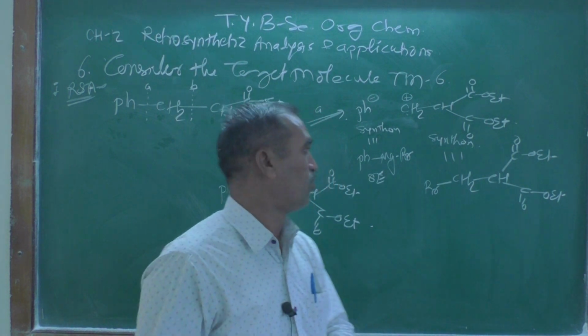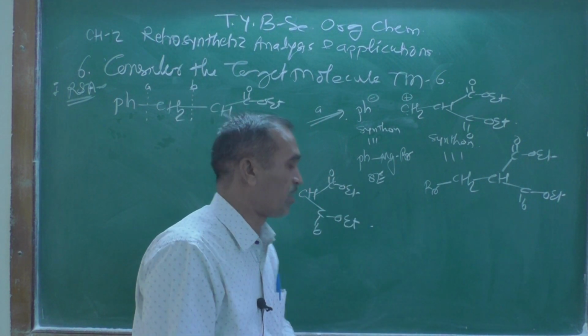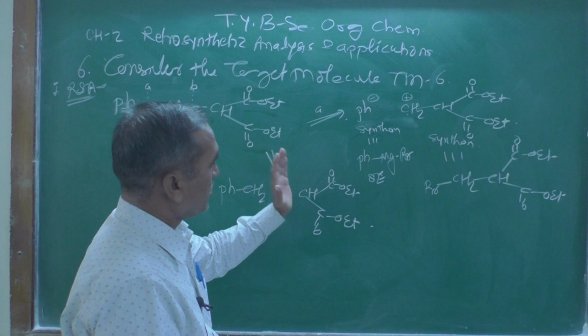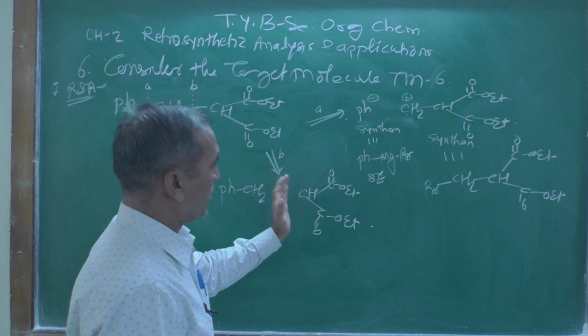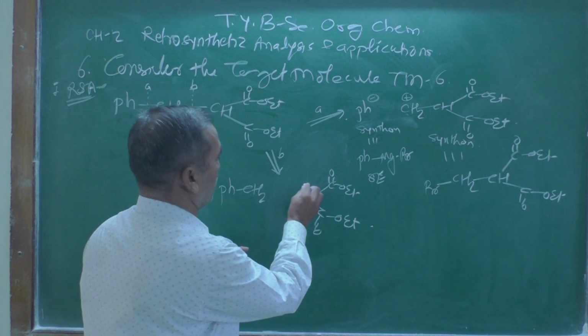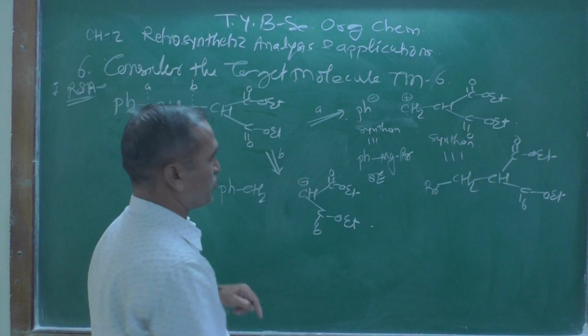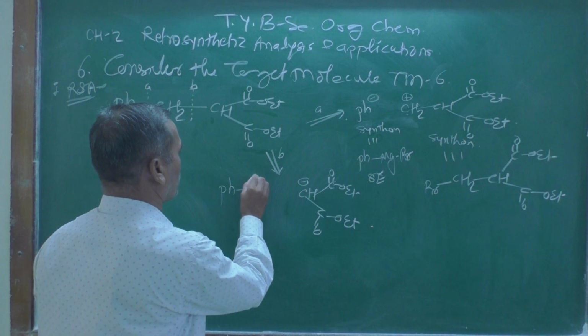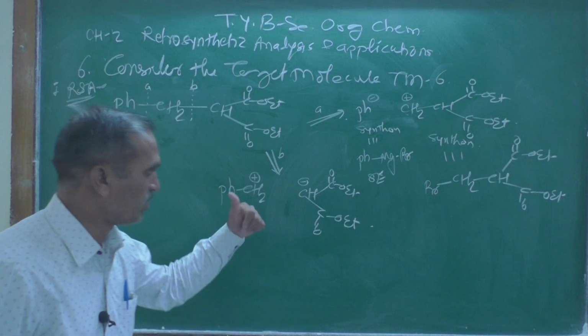So remember, in the first chapter we have seen this. If you see the carbanion, if I am putting a minus charge here, I should put the positive charge here.